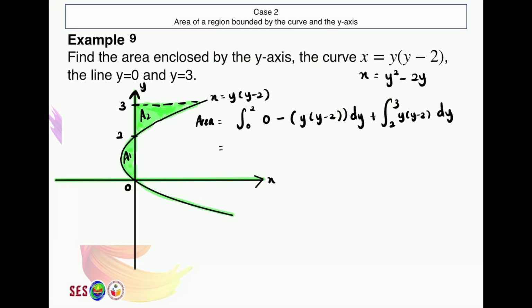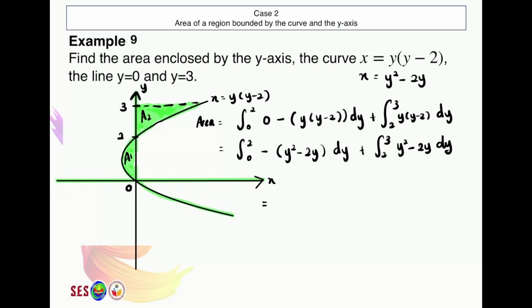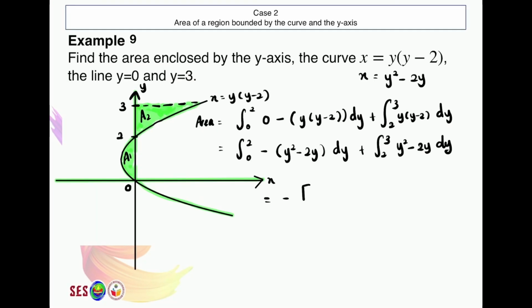So if we simplify it, we'll get 2 times the integral from 0 to 2 of minus y squared minus 2y dy. So the first integral will give you minus y cubed over 3.